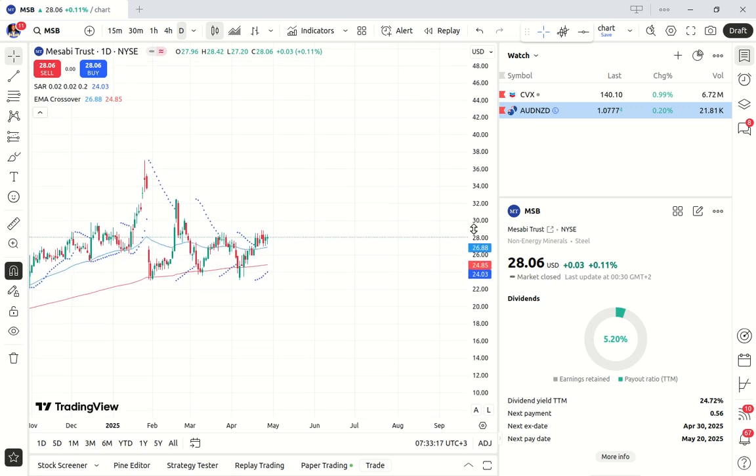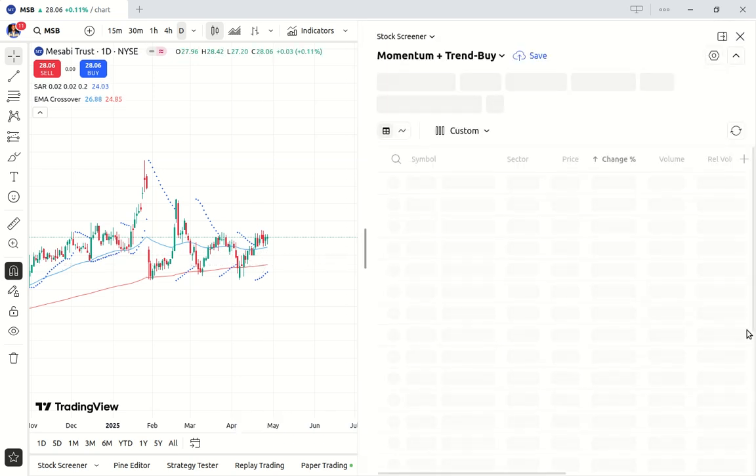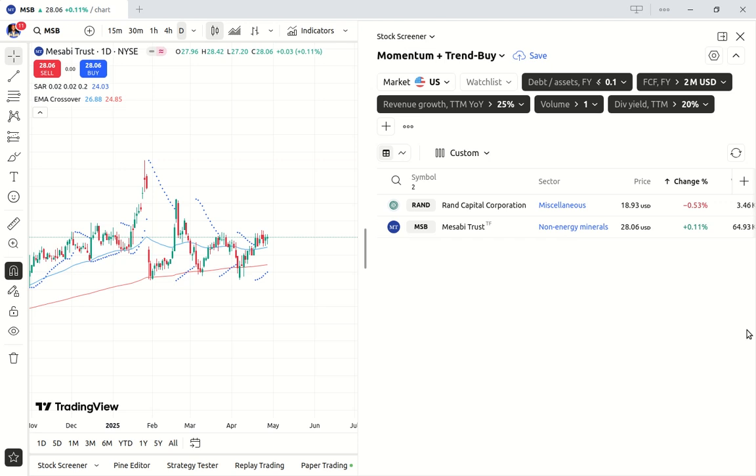So what I showed you is basically fundamental analysis. You want to buy stocks that are cheap in historical prices, from a $37 historical high to $26, and a very good dividend yield of 20% and above.